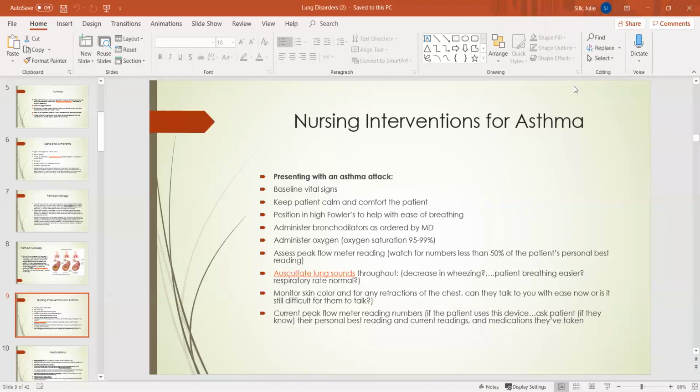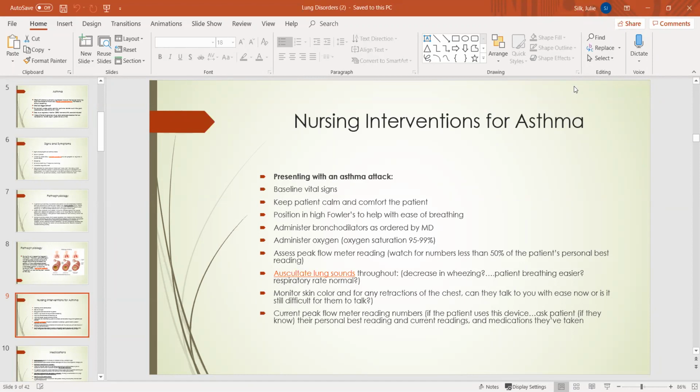So the long-term beta-2 agonists, this would be something that a person takes daily. So if I know that I have asthma and I constantly have issues with that, maybe I need to be on something daily to kind of keep that at bay. Your physician would be the one to decide that. But the long-term beta-2 agonists would be things that end in OL. So formoterol, salmeterol, and there's even an albuterol tablet that would fall into this category.